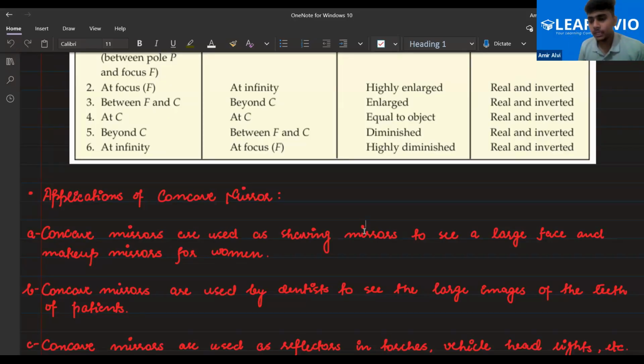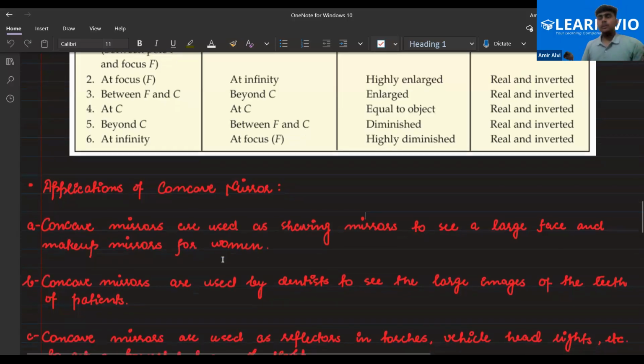Clear, Naveed? So this is one of the first important applications that we see in our day-to-day life. Concave mirrors are used as shaving mirrors to see a large face and as makeup mirrors for women. Clear, Naveed? Good.